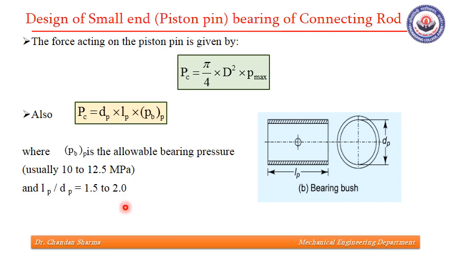So for small end bearing, this L by D ratio is 1.5 to 2. So PC is already known to us. PP we can put if we know the ratio. So this equation will have only one unknown, either LP or DP. We can find it, and putting the same in this ratio, we can find the other. So it is possible for us, by using these formulas, to find length and diameter of small end bearing.